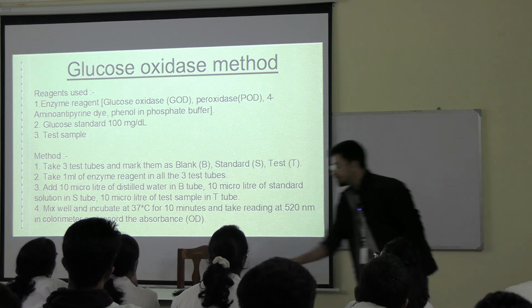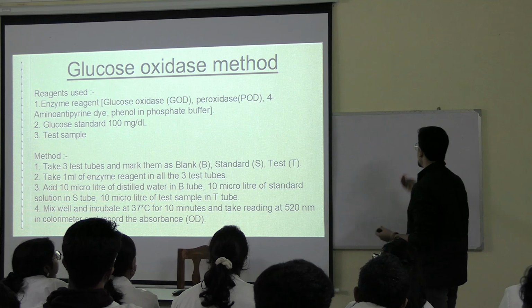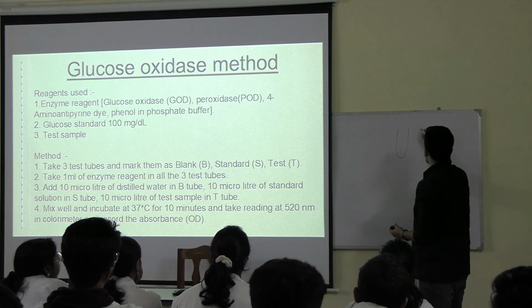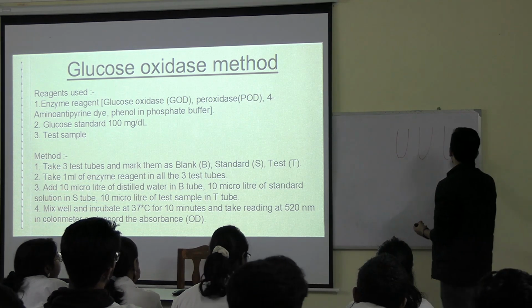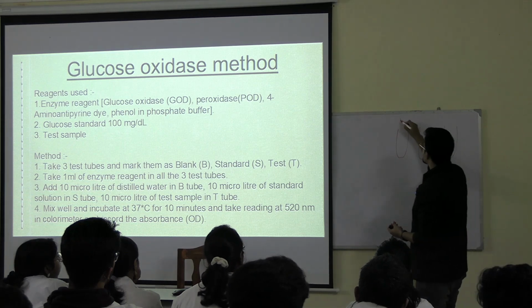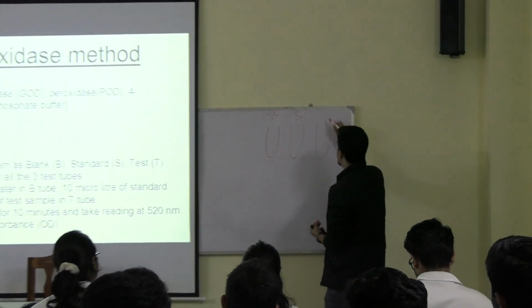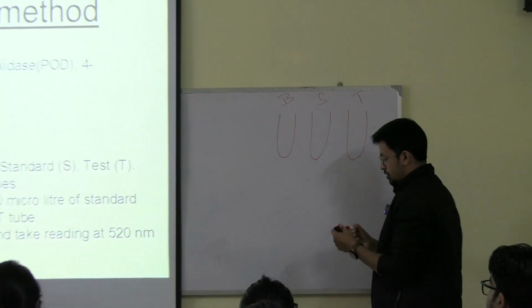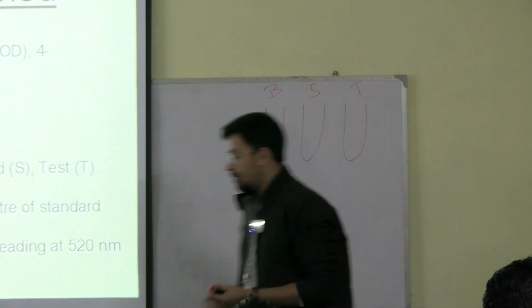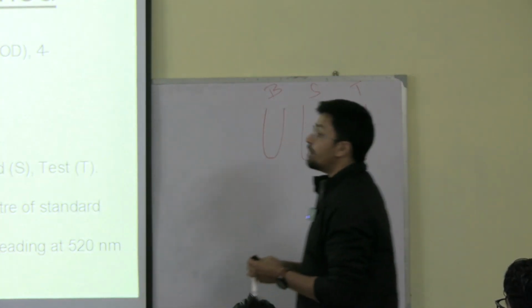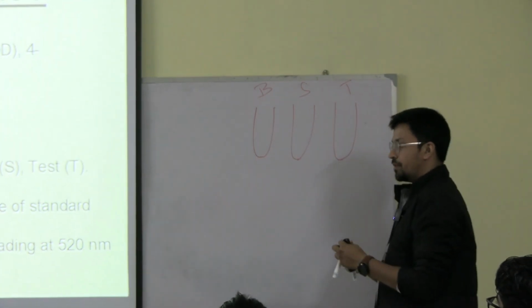Now what we will do is we will take 3 test tubes. Let's say these are 3 test tubes. Now I have marked this one as B means blank, S means standard and T means test. So these 3 test tubes I have taken. Now among these I will add this enzyme reagent, that is the GOD-POD reagent.